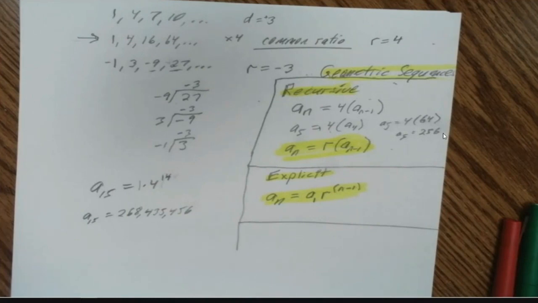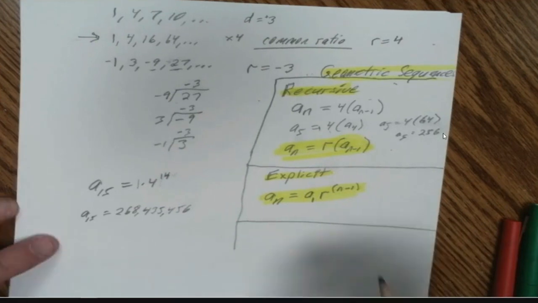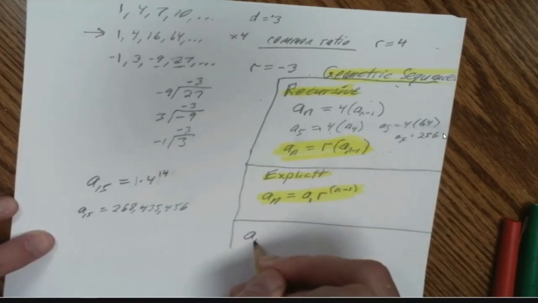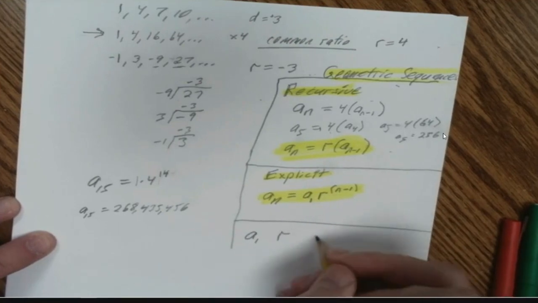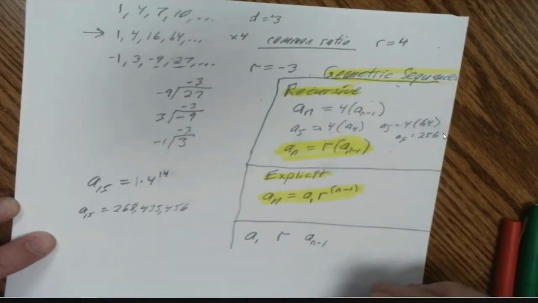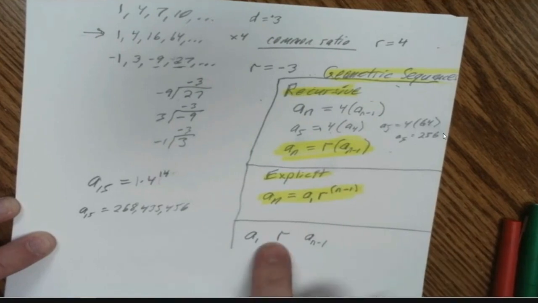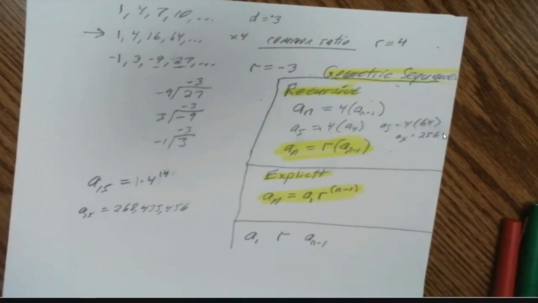So it's just a matter of recognizing what you need. You need a sub 1. You need r. You need a sub n minus 1 if you're using the recursive formula. And r would be raised to the power of n minus 1.